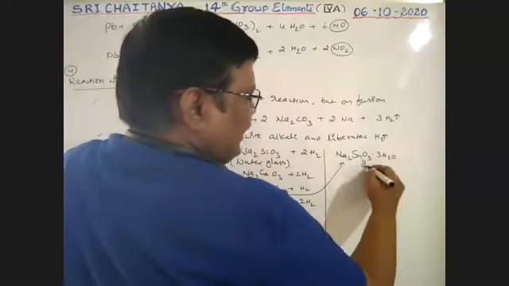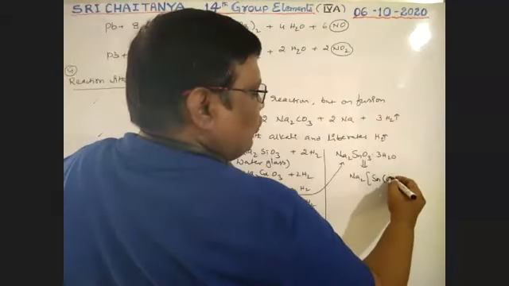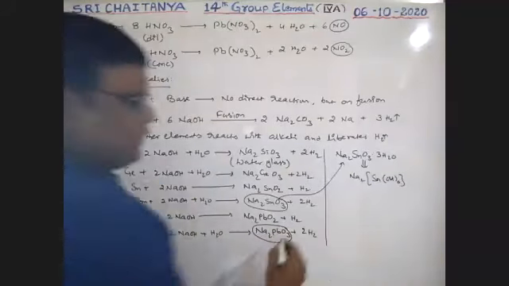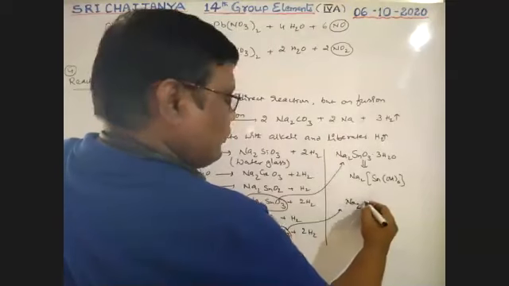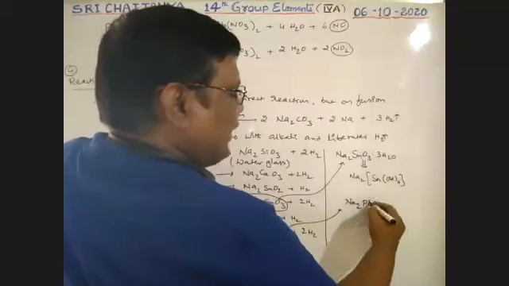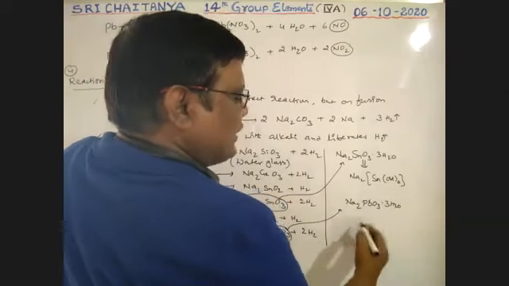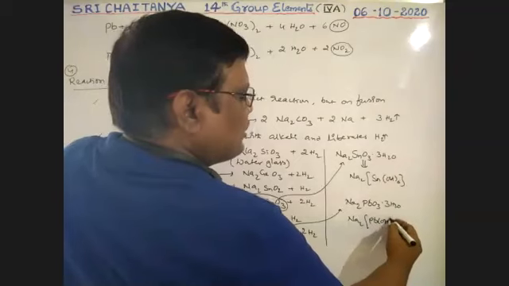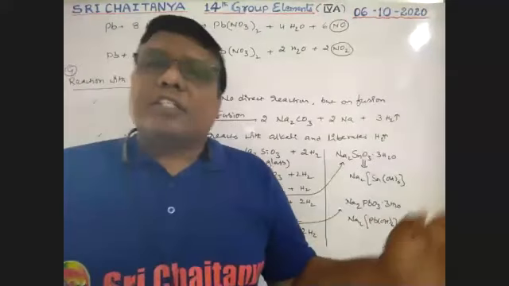I am rewriting this as Na2[Sn(OH)6], a complex compound. Similarly, this one also, Na2PbO3, plumbate, with 3 water molecules, exists as a hydrated compound. I am rewriting this as Na2[Pb(OH)6]. So like this, a complex compound. That means hydrated salts are formed.